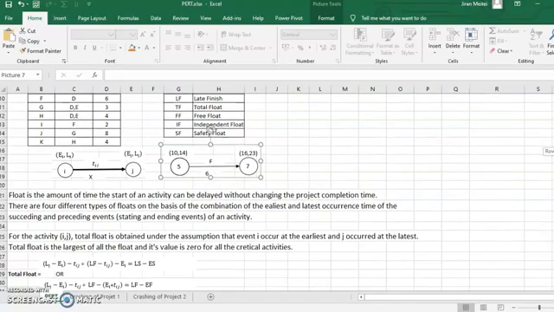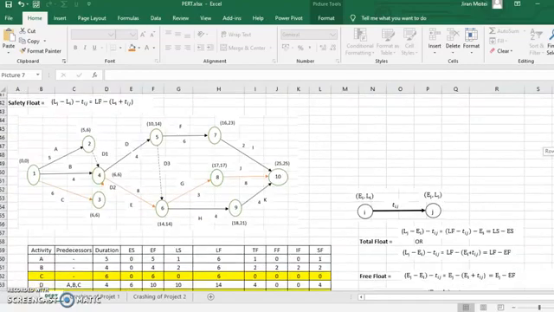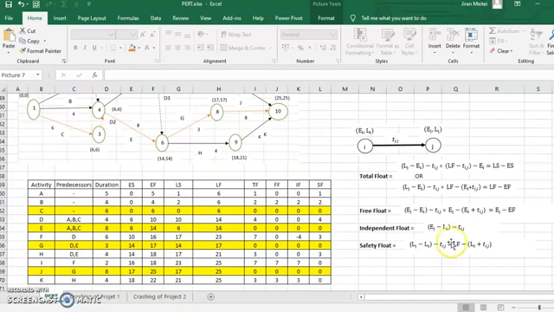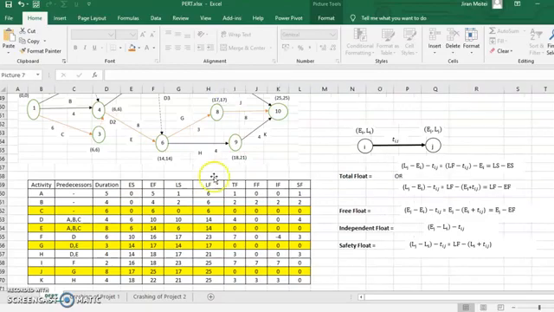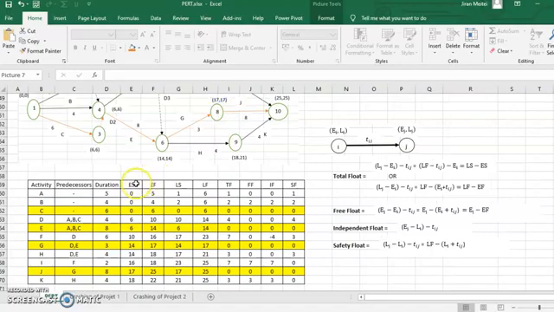Now this is how you compute the floats of the various activities. Let's see how we compute for this network. This is the same network that we had done in the previous video, and these are the various computations: early starting time, early finish time, latest starting time, latest finish time.